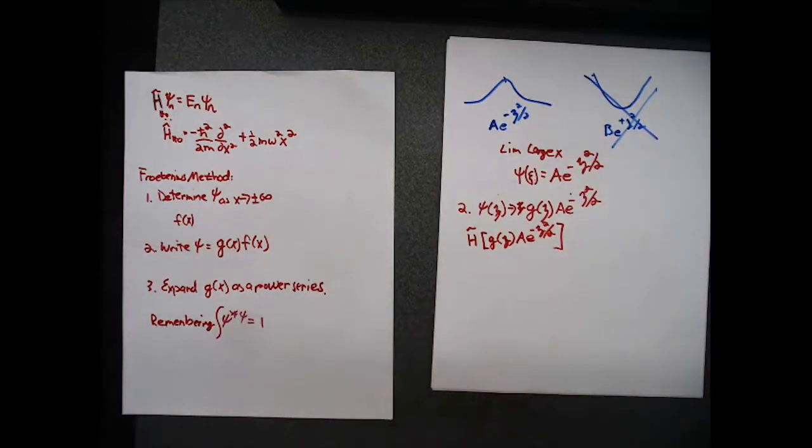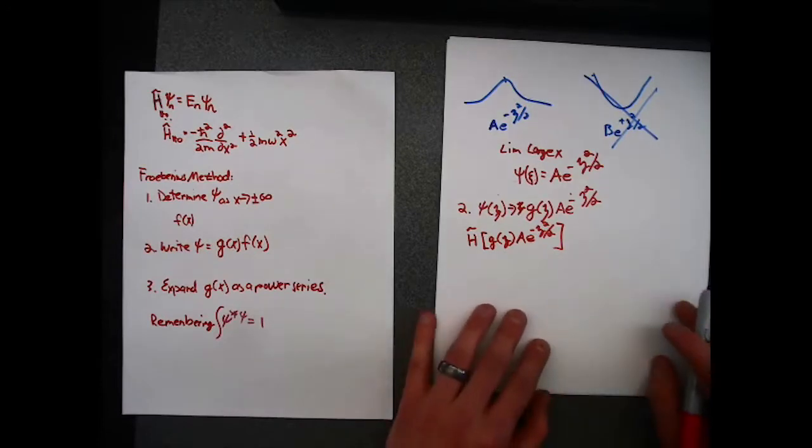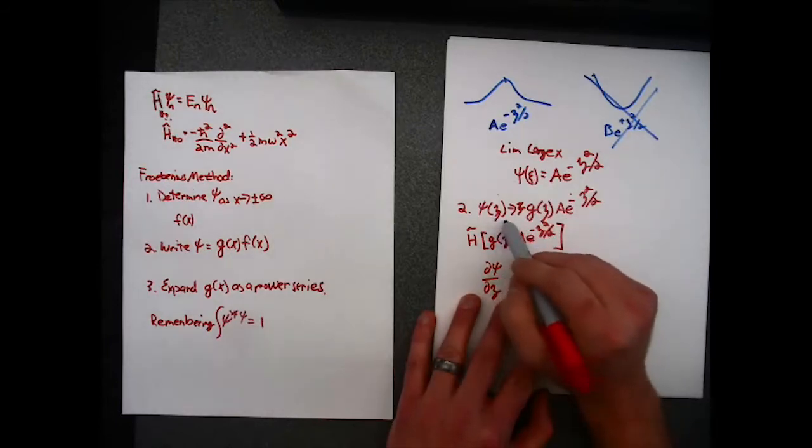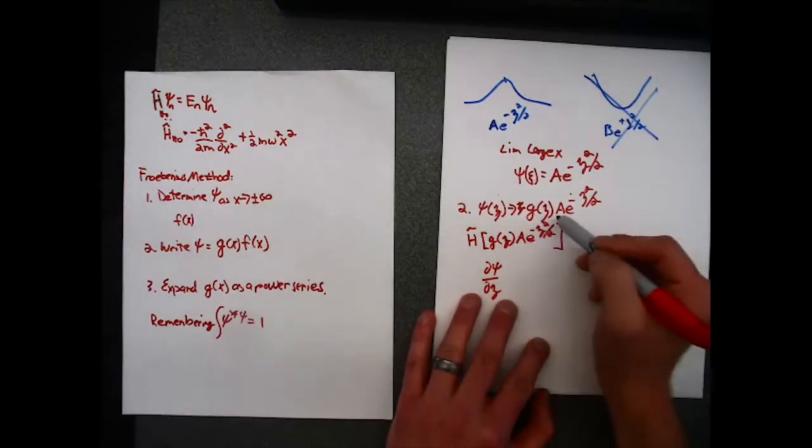Alright, so the first thing we need to do is figure out the first derivative of the wave function, d psi by dc. If this is psi, then we need to use the product rule for taking this derivative.